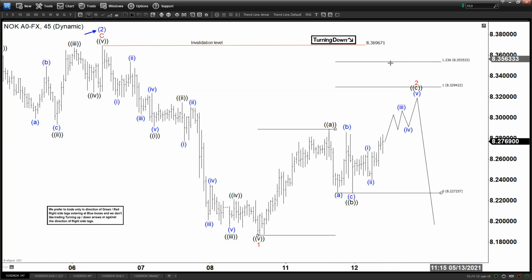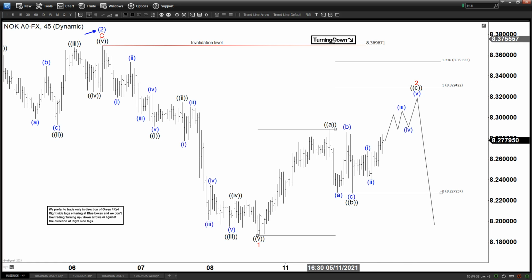So this is a potential area where the rally can end, and then it can start to either resume to the downside to new low, or at least giving us a 3-ish reaction as long as we do not break above 8.37 here.